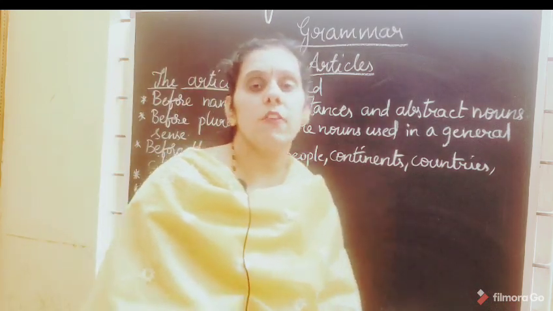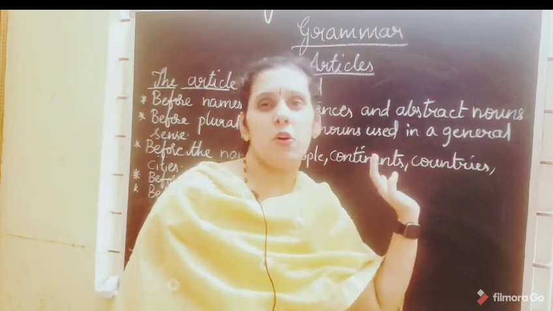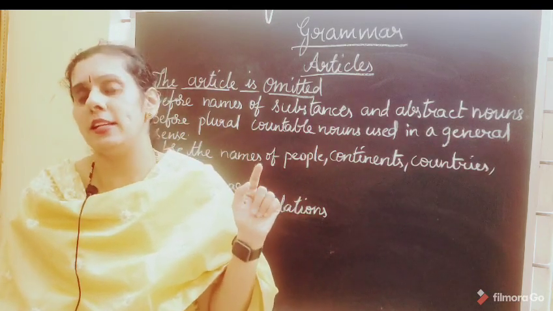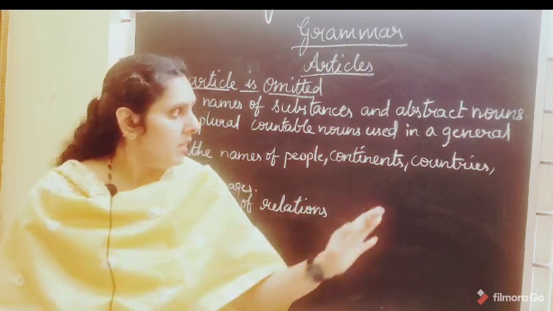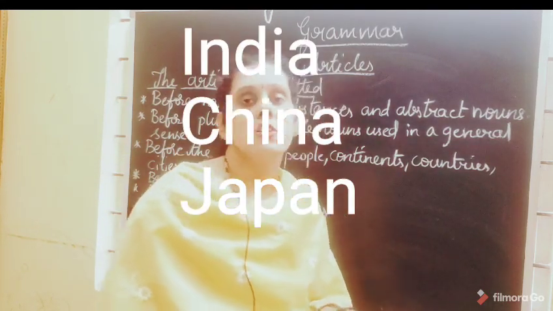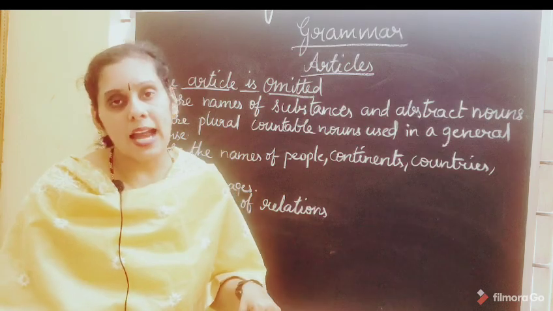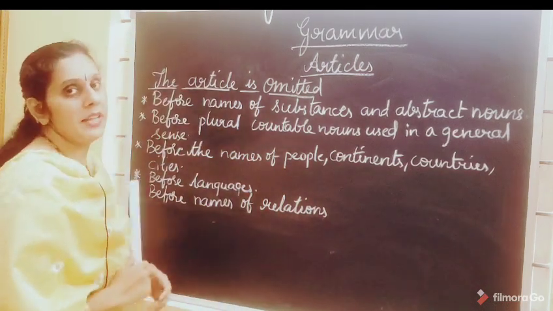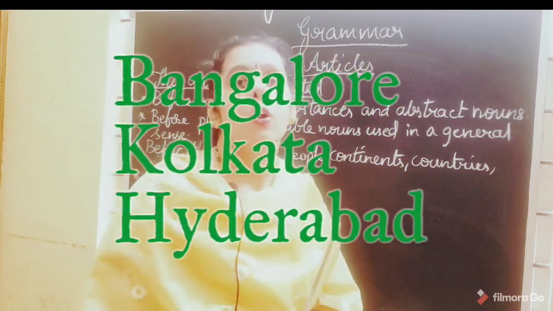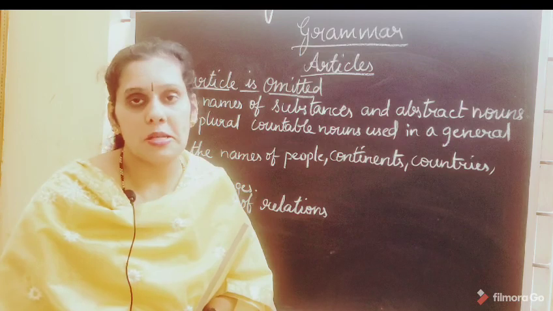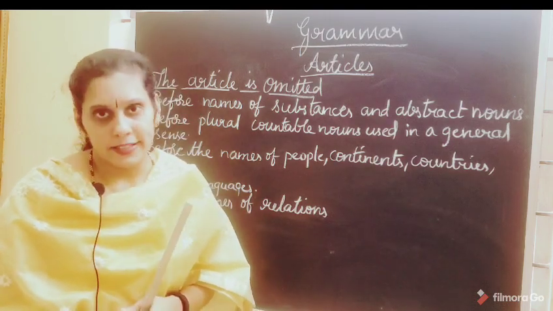So before these also we won't use any articles. Next, before the names of countries, other than the few countries where we use "the", like the United States of America, the United Nations, the United Soviet Russia. Other countries like India, China, Japan take no article. Next, before cities like Bangalore, Kolkata, Hyderabad, Chennai, no article.